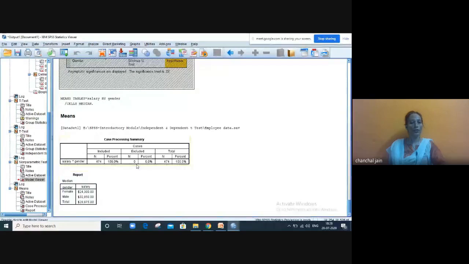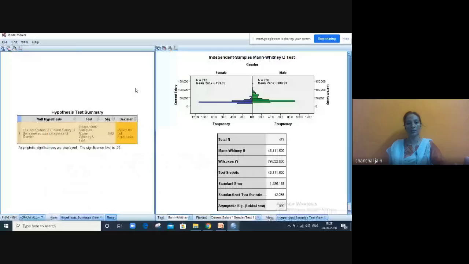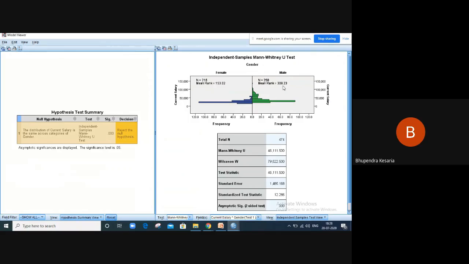So when your shape is the same, you have to conclude your results on the basis of these median values, because that is the default result of SPSS. We cannot do anything in this case. But if your shapes are not the same, in that case you have to report these things. There is no relation between this and the median one.